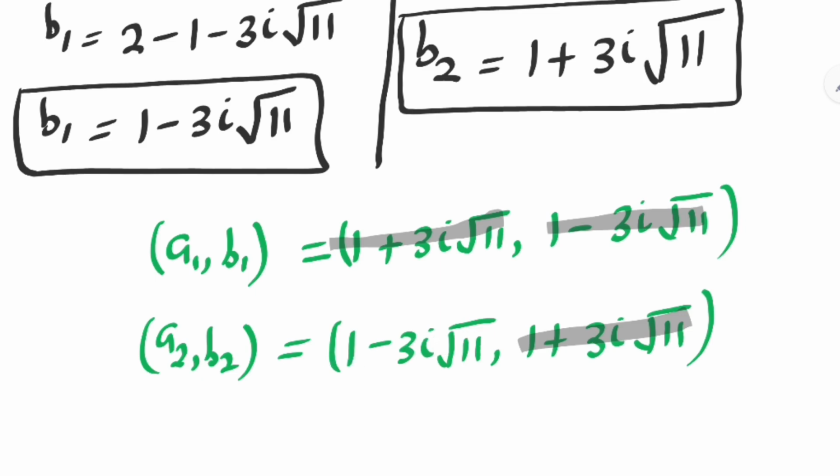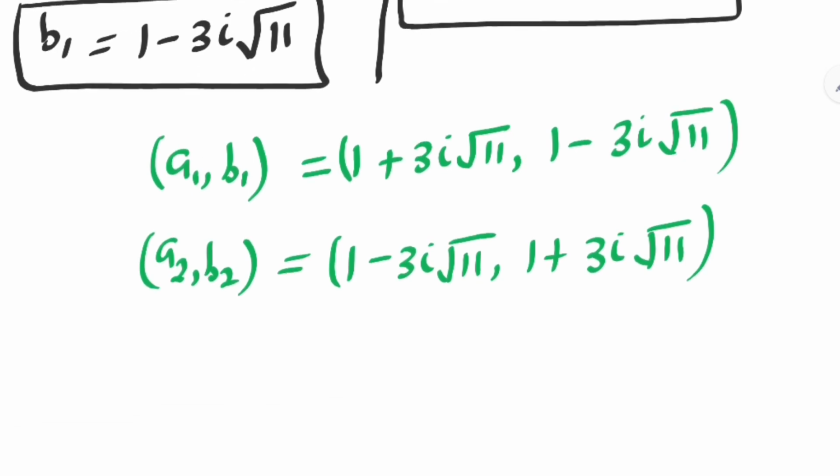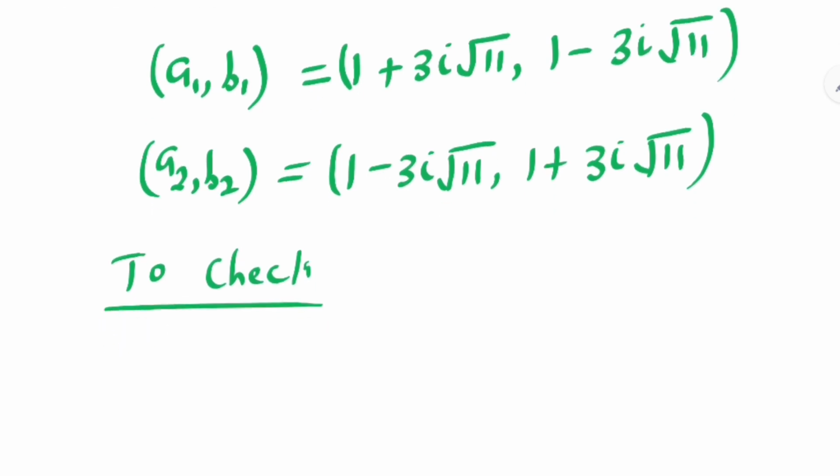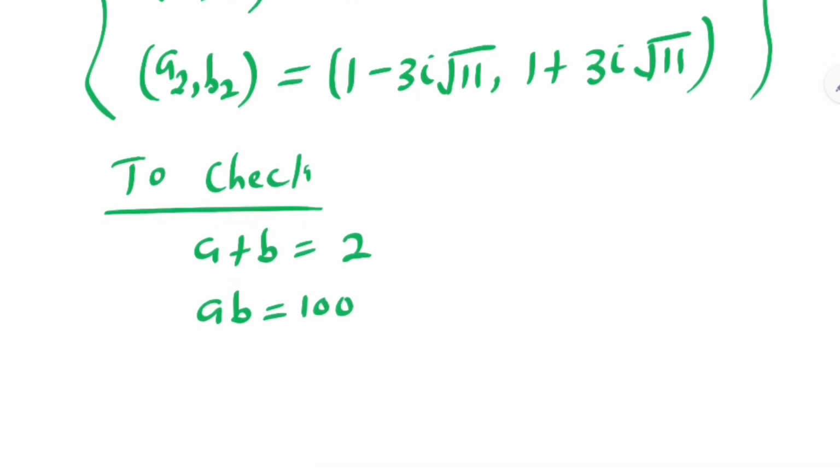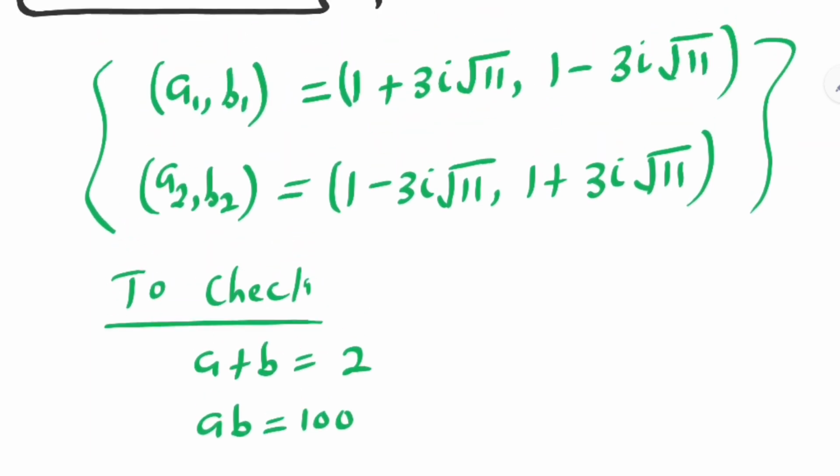We may check to confirm if this answer is right or wrong. Now let's check. To check, we have the given equations: A plus B is equal to 2, AB is equal to 100. Now let us solve this problem using A1 and B1.